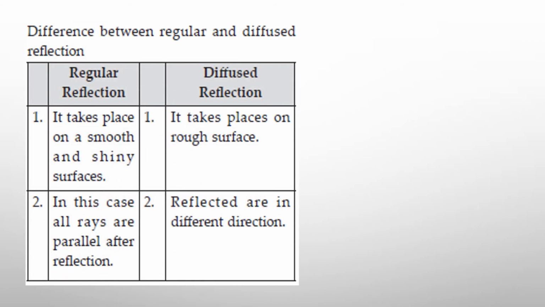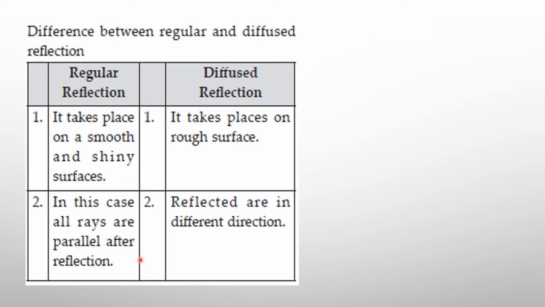Now let's see what differences you find between regular reflection and diffuse reflection. Regular reflection occurs when the light beam hits a smooth and shiny surface, and diffuse reflection occurs when the light hits a rough surface.